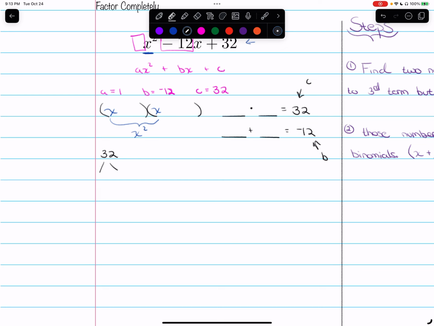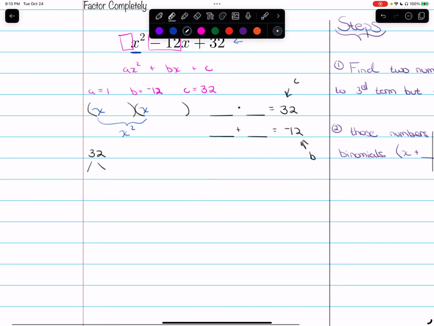One thing to also note here is that when we multiply, we have to have a positive number. That means we're multiplying a negative times a negative or a positive times a positive. Your signs have to be the same. When we add, however, we're ending up with a negative.